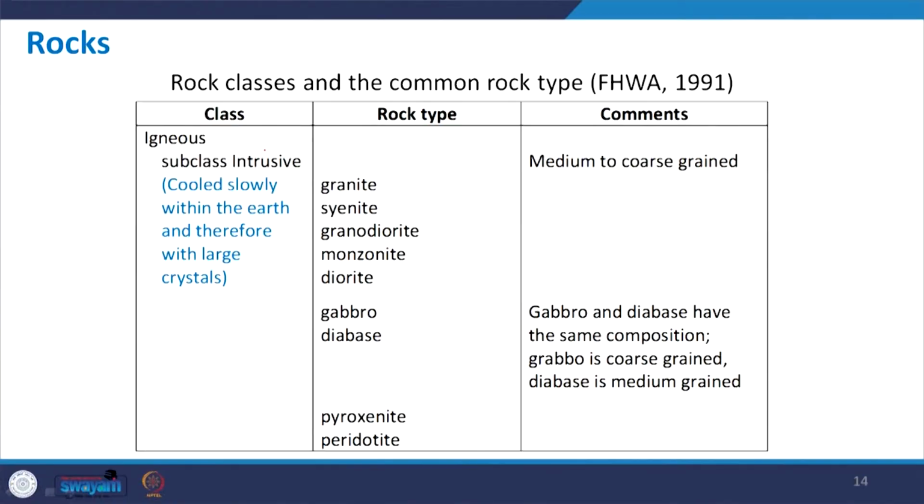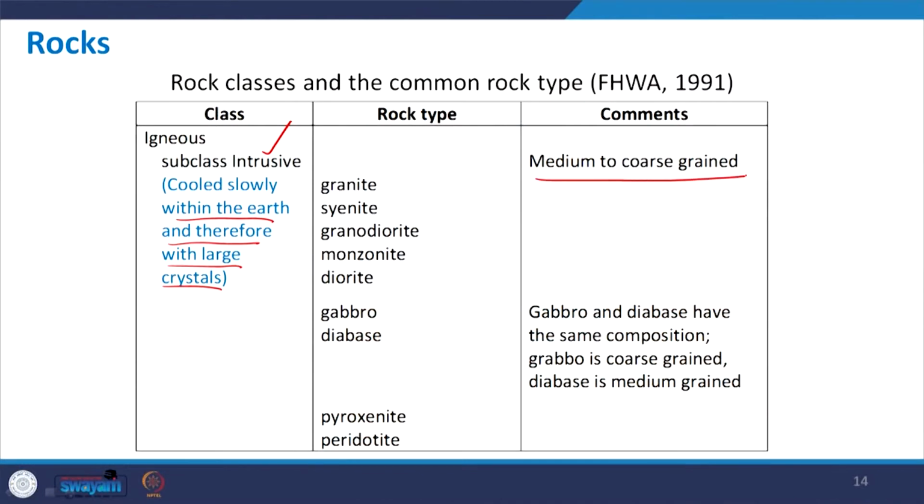Then the second subclass is intrusive. This cools down within the earth and therefore it has large crystals. So the cooling is slow and therefore it will have large crystals. This will be medium to coarse grained as against fine grained in the case of the subclass extrusive.